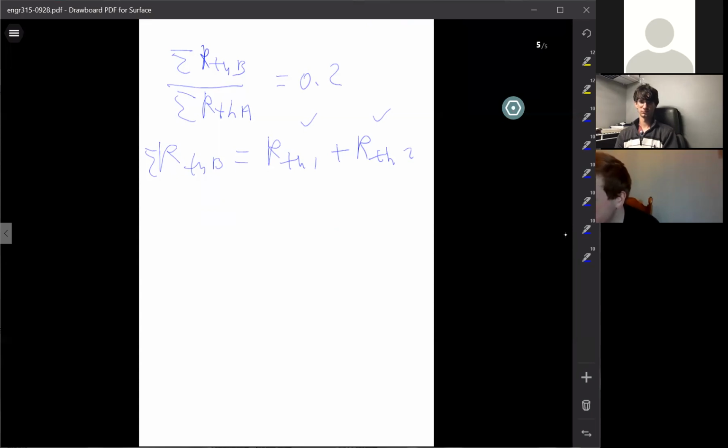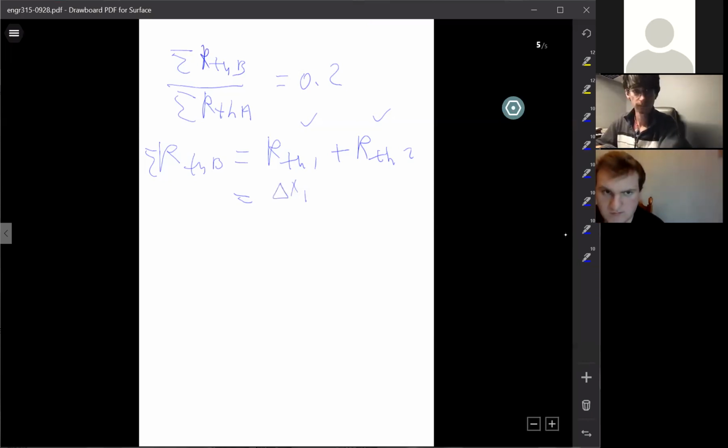They give you K as well as the thickness. So delta X divided by K. Area doesn't matter, right? It's the same area everywhere, so it can be canceled top and bottom. So basically it's just delta X1 divided by K1, both given, plus delta X2 over K2. So you should be able to calculate it.